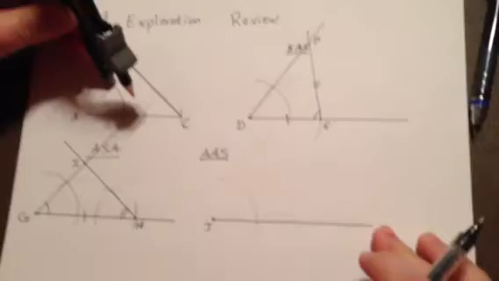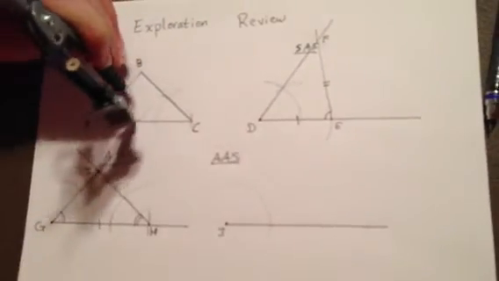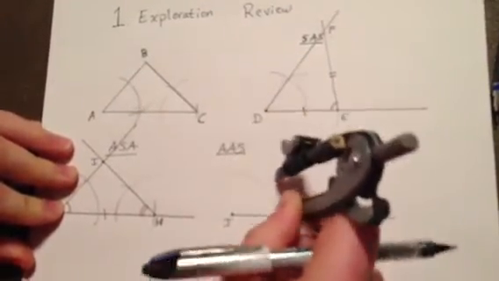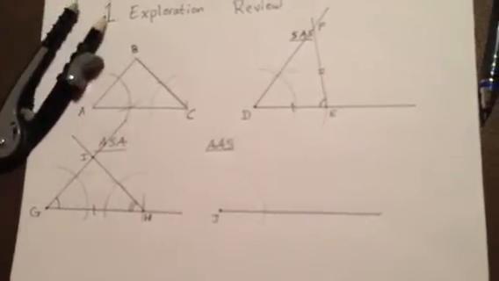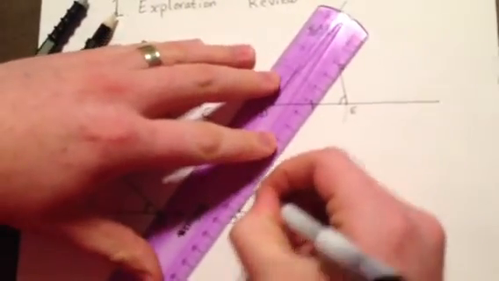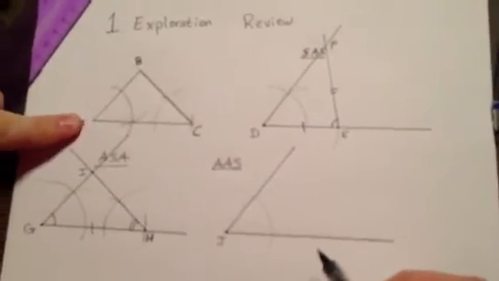There's my arc. Measure the width of the angle. And there's the angle J, which is the same as angle A.